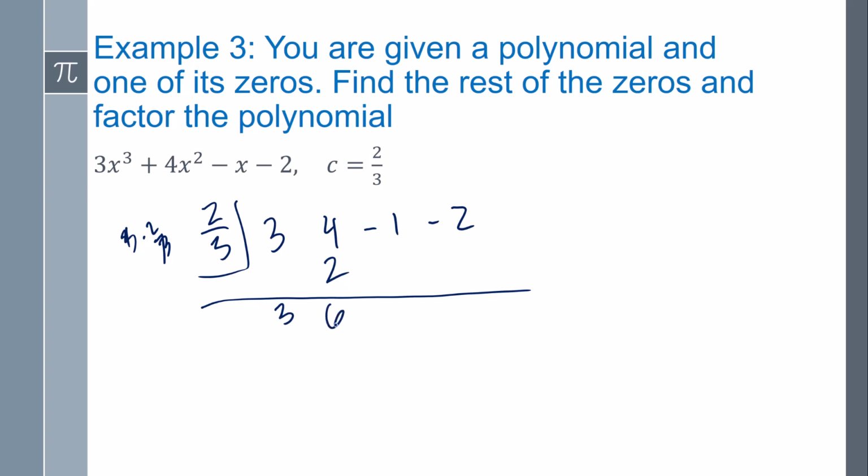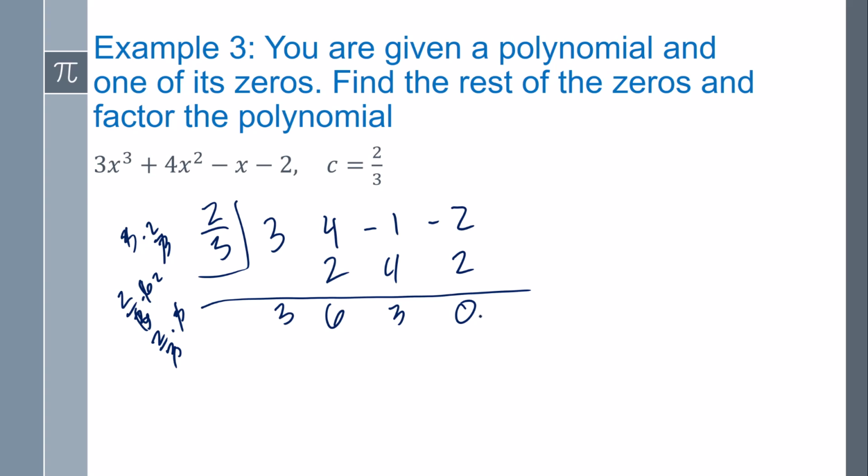Add straight down. Now multiply. 2/3 times 6. Well, the 3 and the 6 cancel out, so I get 4. Add straight down. Multiply. 2/3 times 3. The 3's cancel out, and I get 2. Add straight down. See? Told you. It works itself out, which is really nice.